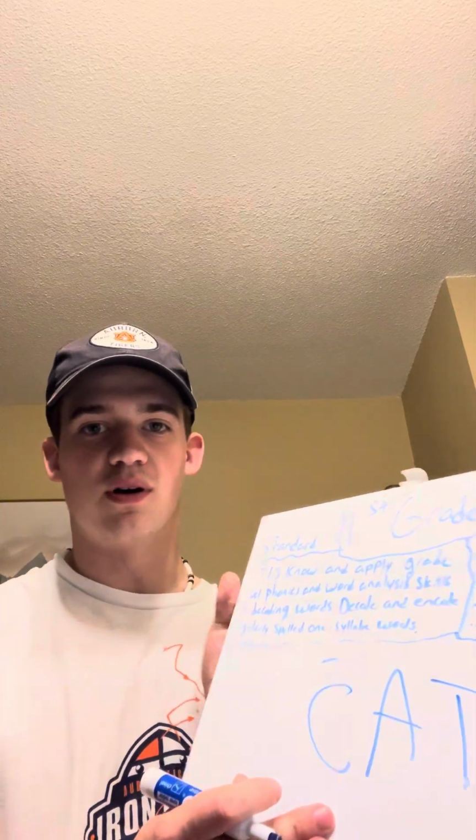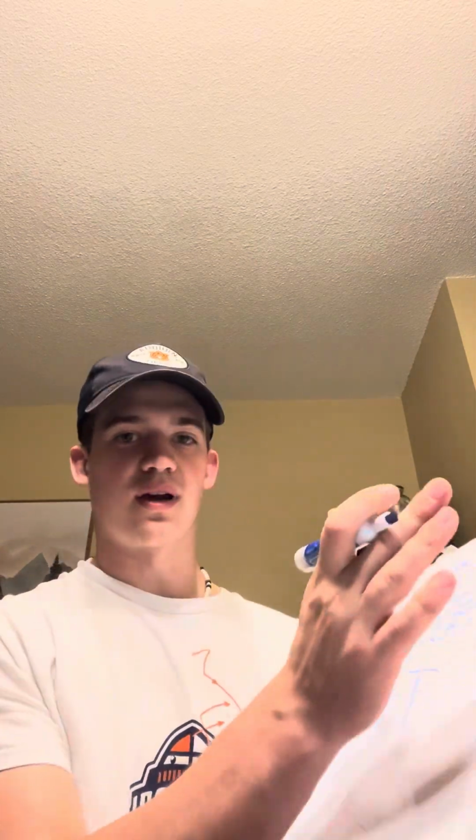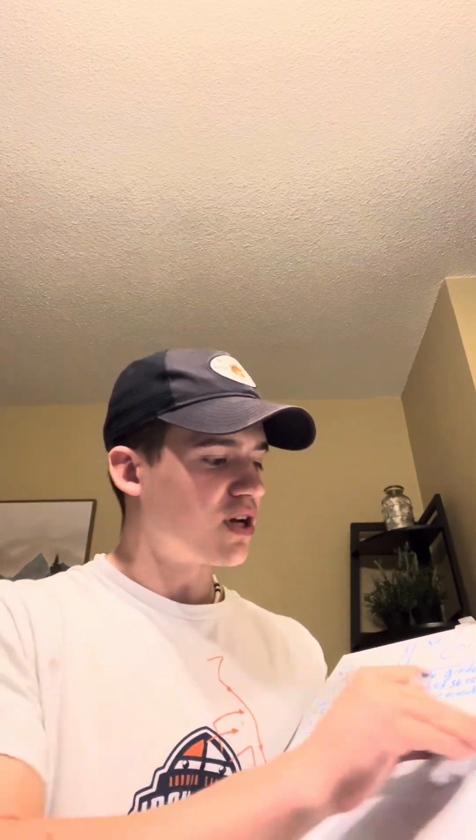So let's say you put a C together, and then you find A, and then T. You are just doing one syllable, right? Just a reminder, that's one hand clap. And then, so cat. You are just making words, and I'll be walking around checking what kind of words you are making.